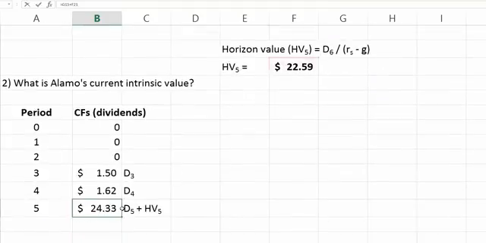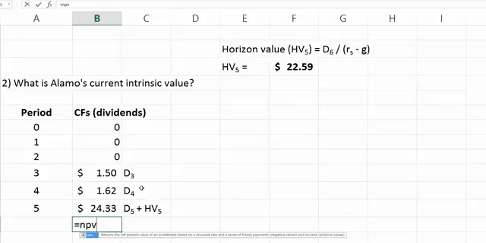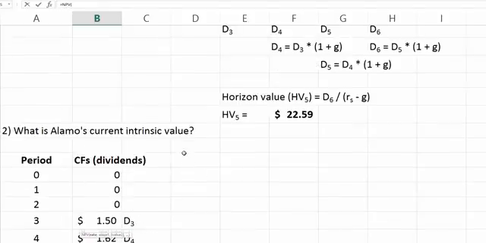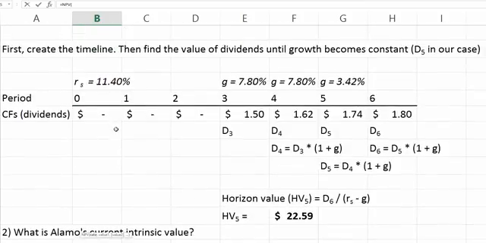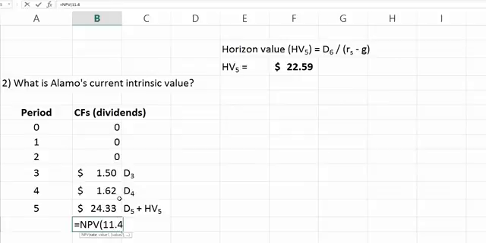With this, when we have all the cash flows here, we need to estimate the present value of this uneven set of cash flows. So we do net present value, and the discount rate that we're going to use is 11.4%. Remember, with net present value we begin by cash flow 1, we don't start in cash flow 0.